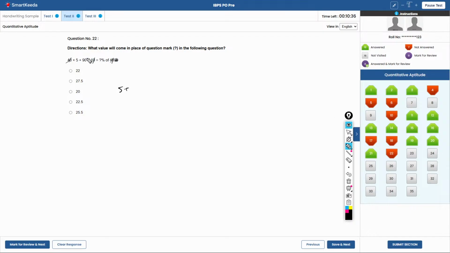So 5 plus 22.5, so 27.5. 80, 360 plus 60, it's 420, so 840. X square minus 24, right? This is 32 is equal to, this is 49, this is going to be 32 if we add, so 81, so 9.